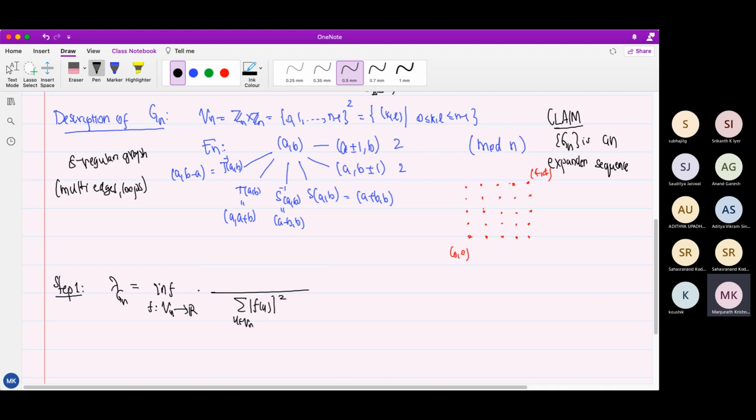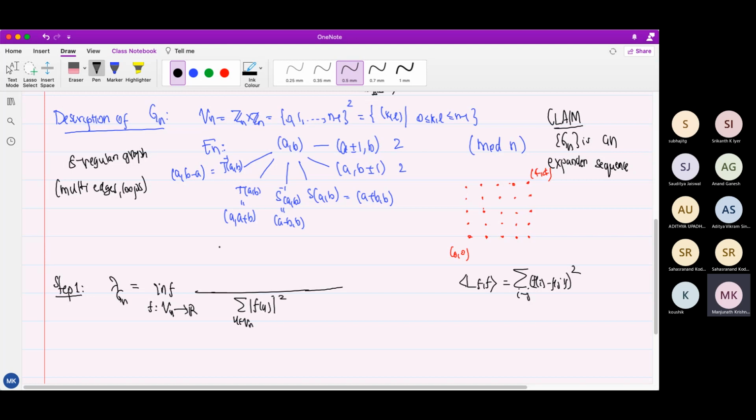What is the Laplacian here? In general, the Laplacian quadratic form is the sum over all i adjacent to j of f(i) minus f(j) squared, with the appropriate multiplicity and so on.